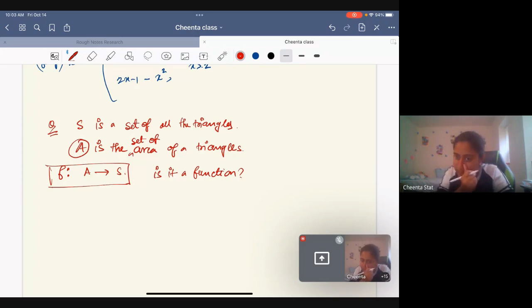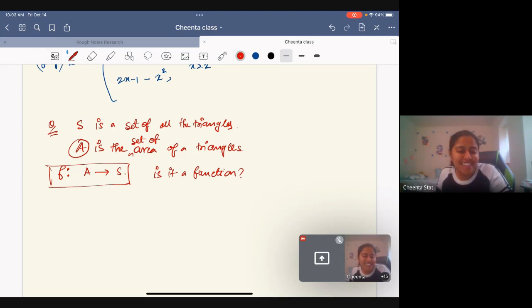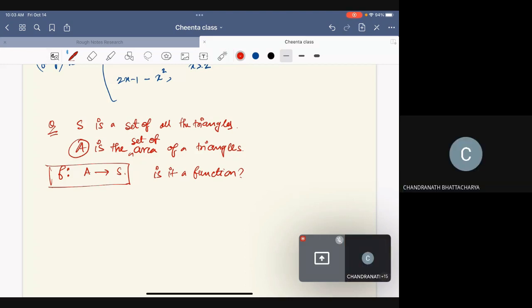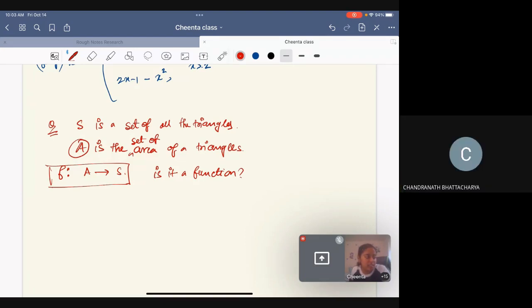Isha is right. And Chandranath, why can't you tell anything about it? Because we do not know the definition of the function. You are defining the function. You know how to find an area from a triangle: half into base into height.